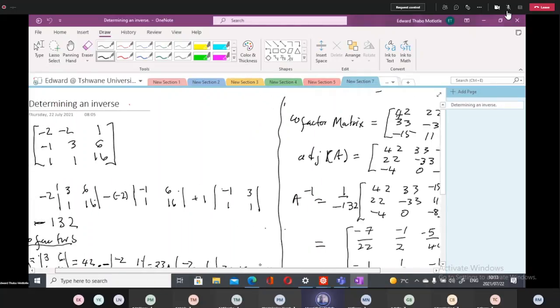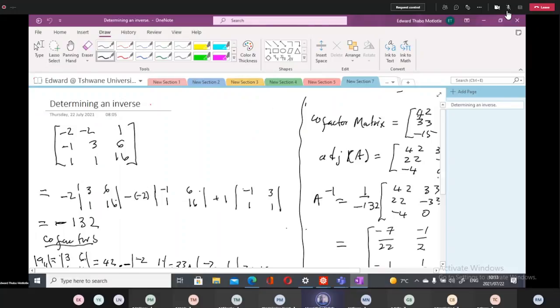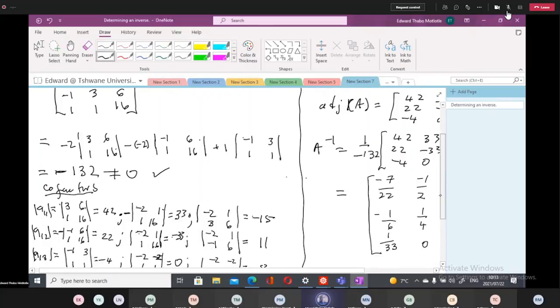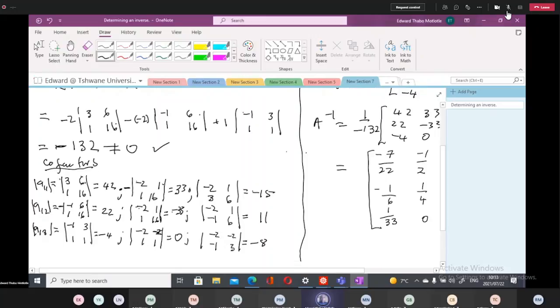Here I use the determinant method to determine the inverse. You start by determining the determinant. The determinant is not equal to 0, which means that the inverse exists. Immediately after that, you determine the cofactors. There are 9 cofactors.